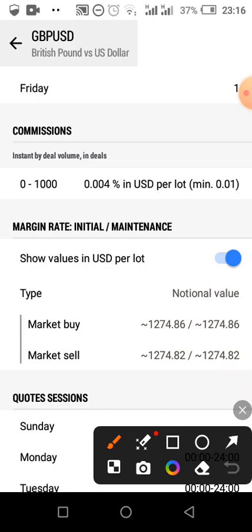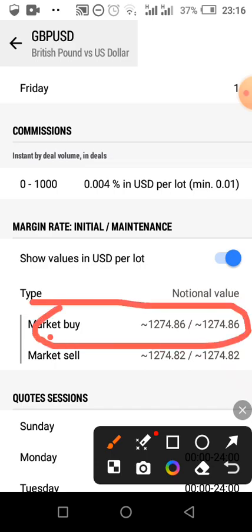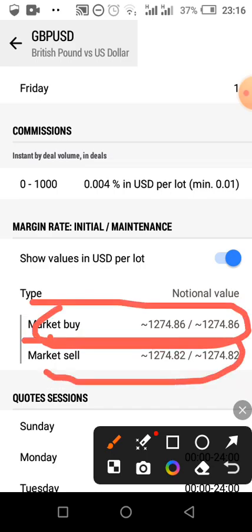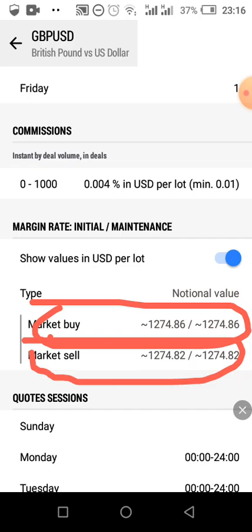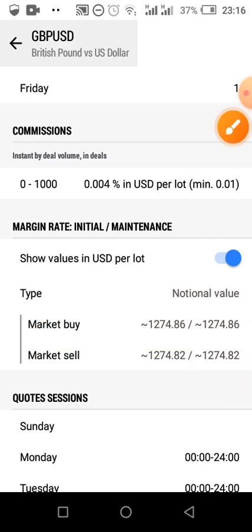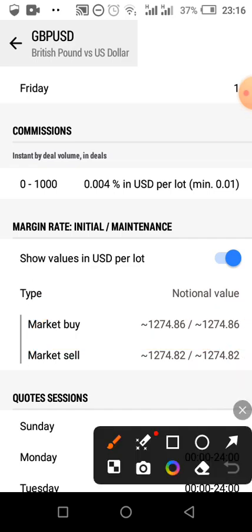So your margin fees can be slightly different for buy trades and those of sell trades, although they usually will be almost the same.